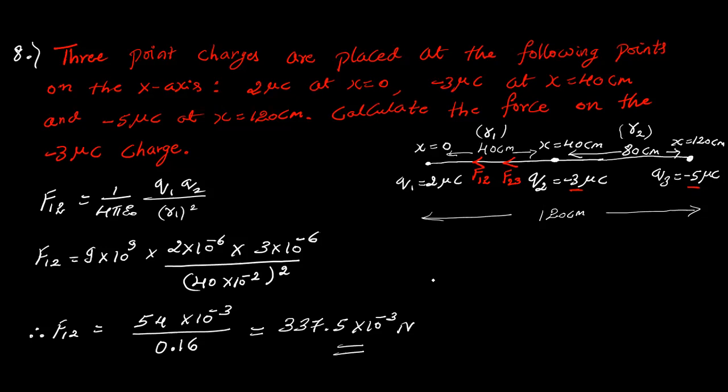Let's find F23. F23 is equal to 1 by 4 pi epsilon naught, Q2 Q3 divided by R2 square. Substitute the values.